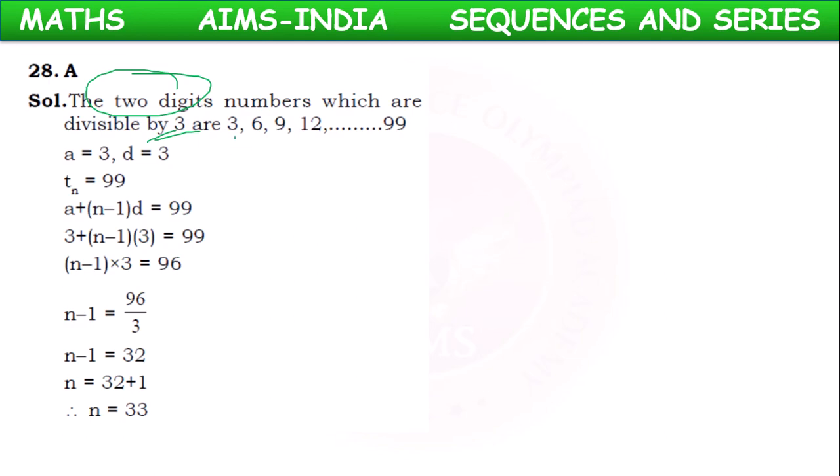Actually if we take from 3, that is 3, 6, 9, 12, all multiples of 3 up to 99, they are divisible by 3.